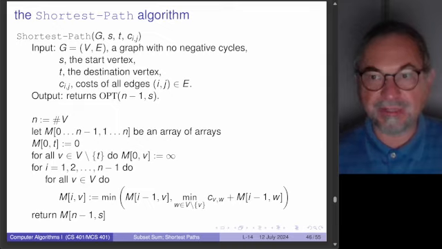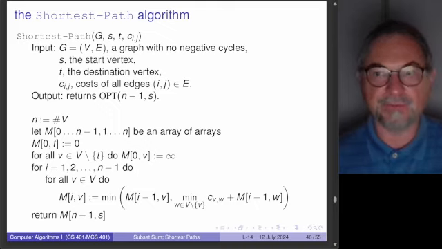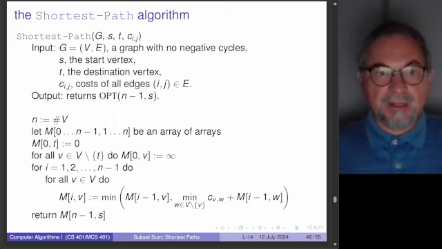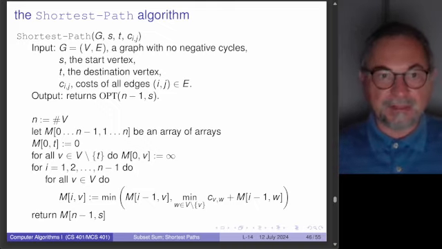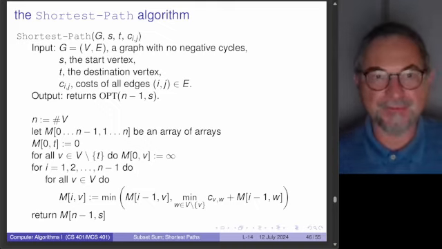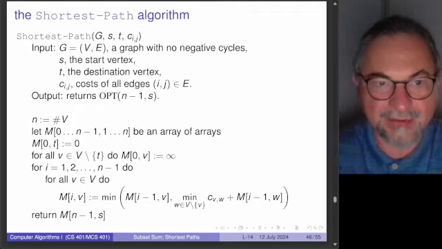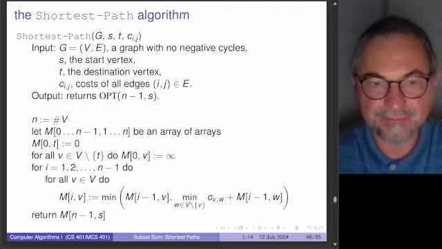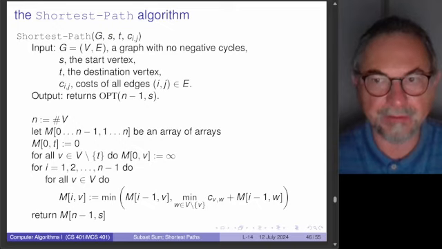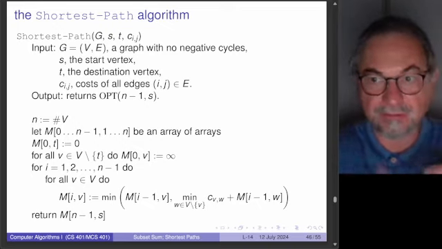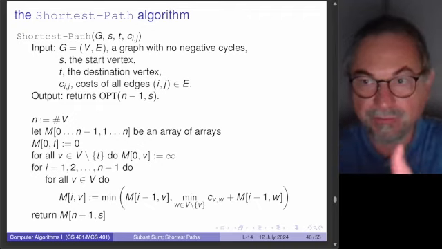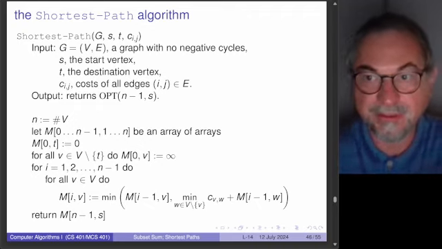In the memoization here, we have two parameters that control the recursion, the i and the vertex v. Here we have a two-dimensional table M. M comes from the memoization, and we can derive a direct iterative algorithm based on how the memoized version filled in the table.